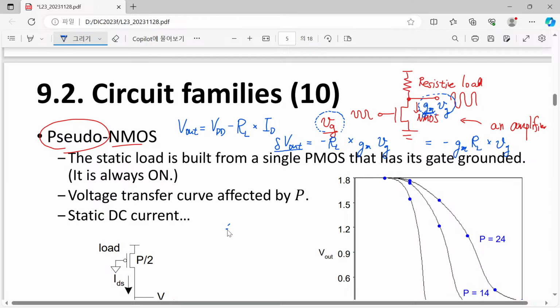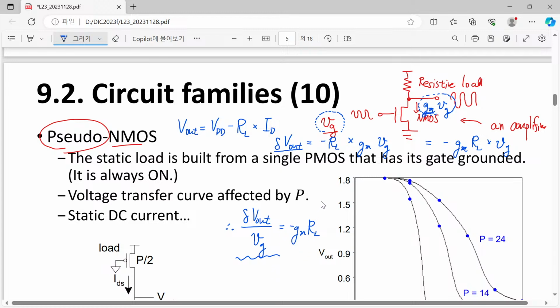Now we can consider the ratio between the output voltage fluctuation and the input voltage fluctuation, which is given as minus Gm times RL. This is called the voltage gain of this amplifier.